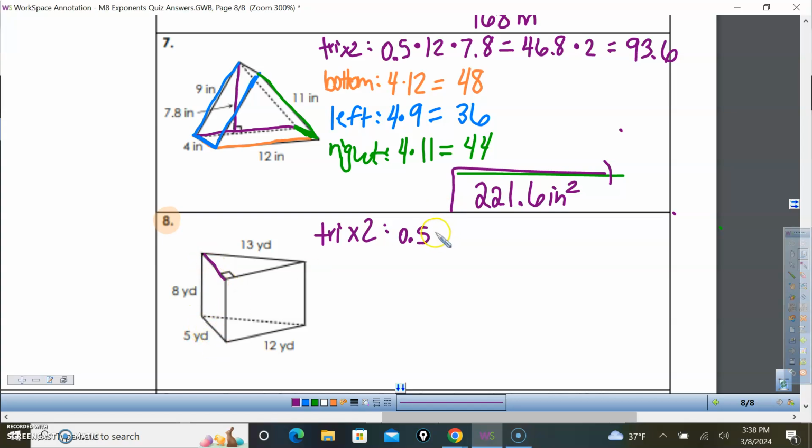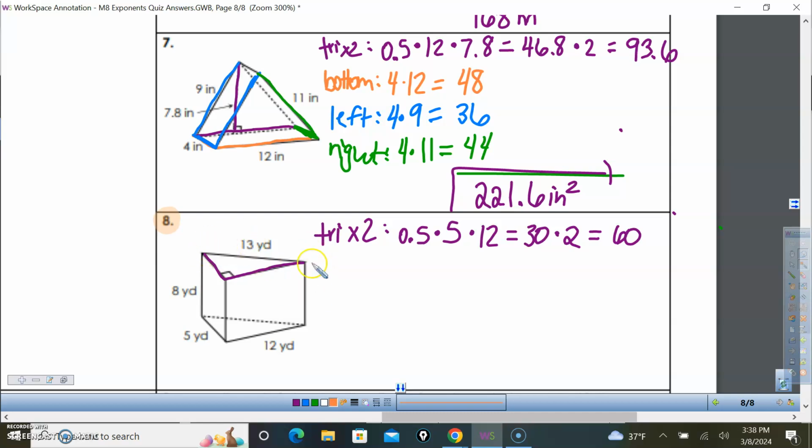And from the bottom here, I can see that that is 5 yards. And if I follow my right angle over, from the bottom here, I can see that one is 12. So we will multiply that out to get 30. And then because it's a triangle, we have a top and a bottom, we're going to double it to give us 60 for the top and the bottom there.